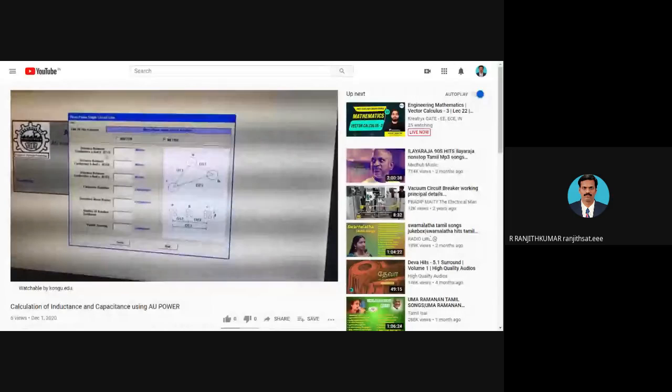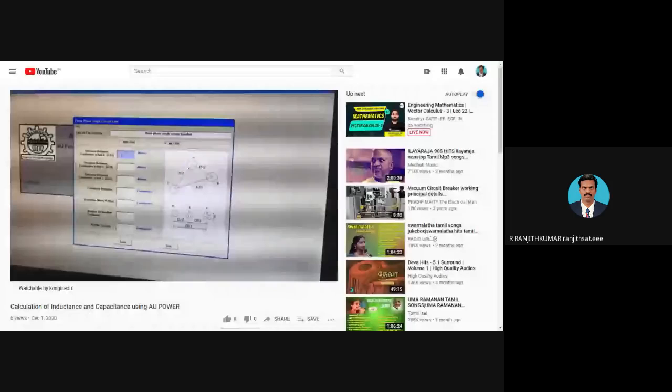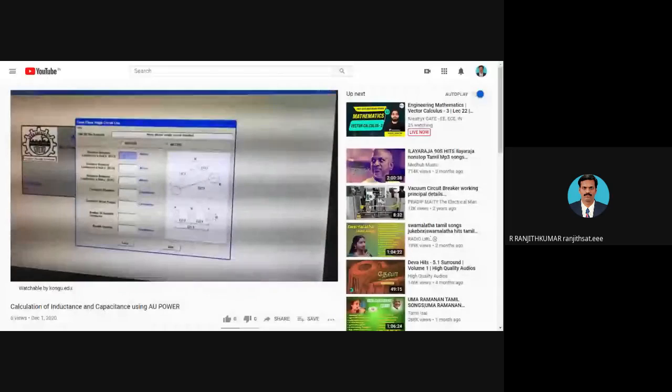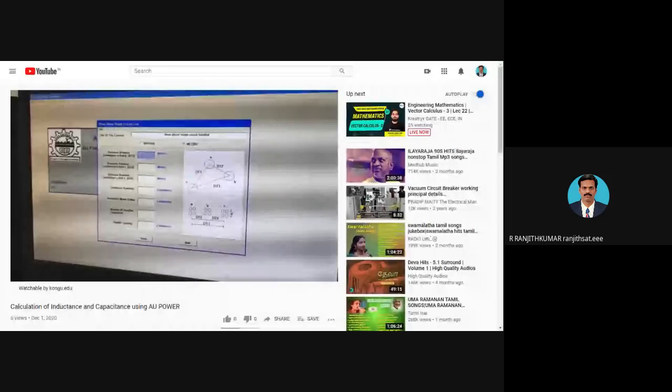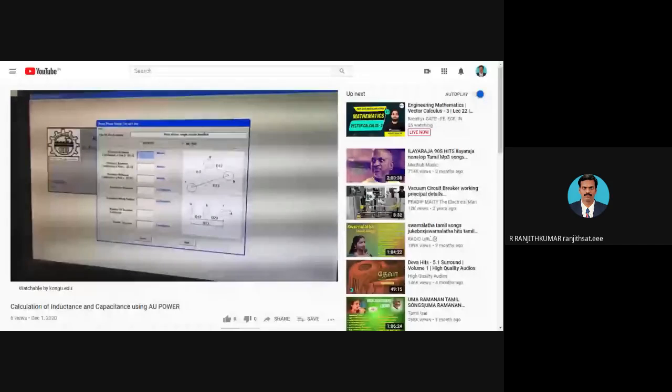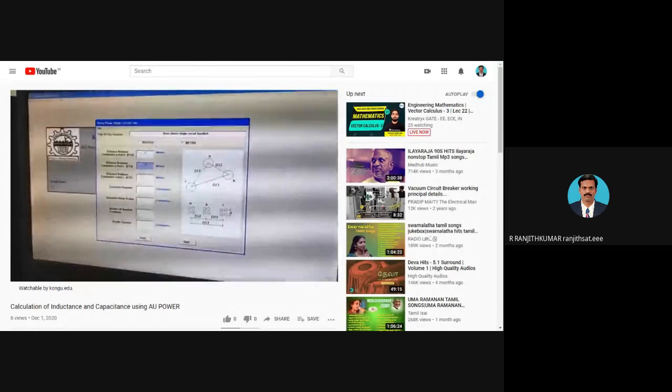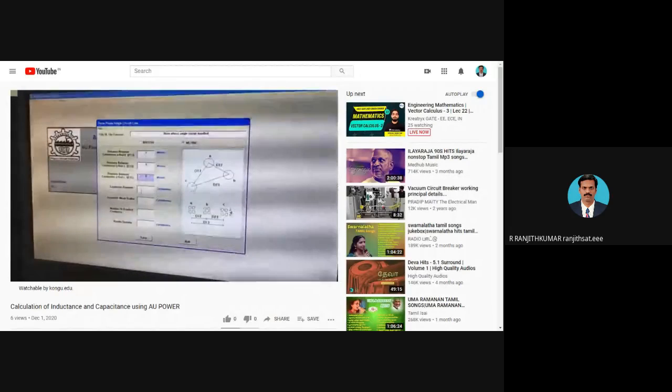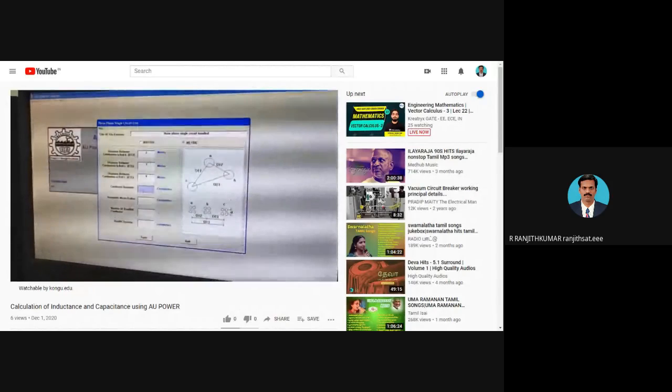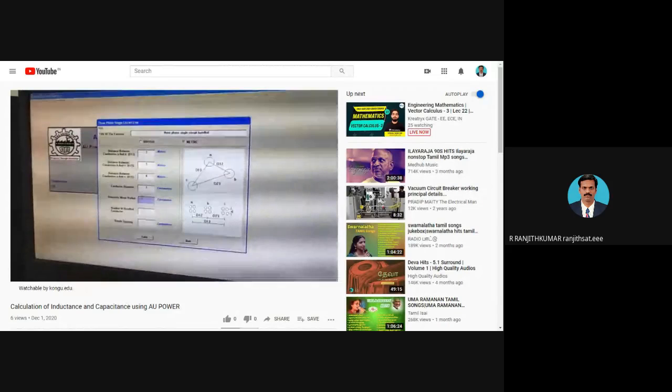So the distance between your A and B conductor is 2, the distance between B and C is not changed, again 3, and A and C is 4 meter. Conductor diameter also is not changed. This is the value of R dash, 0.7788.